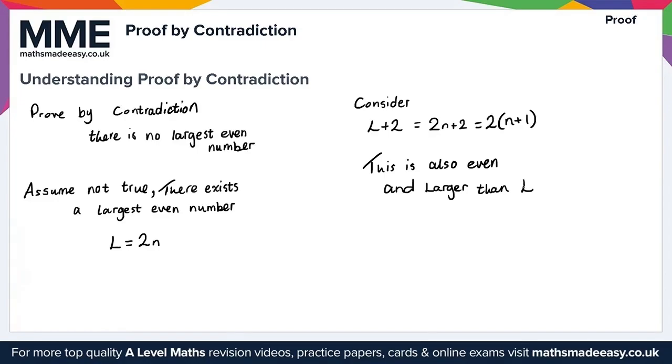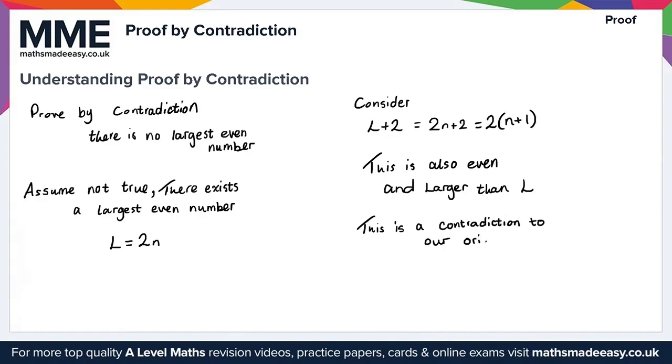In this case, this is a contradiction to our original assumption, where we assumed that there did exist a largest even number. So this is a contradiction to our original assumption.